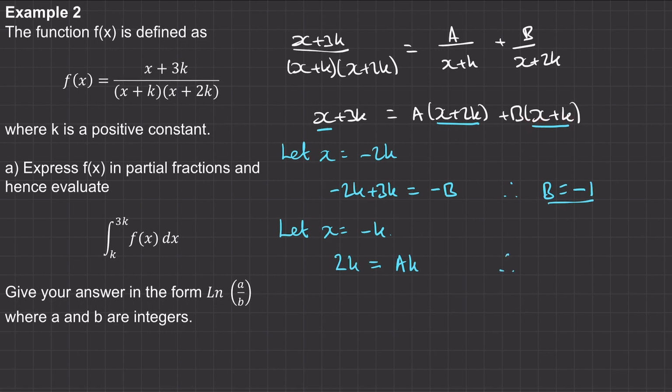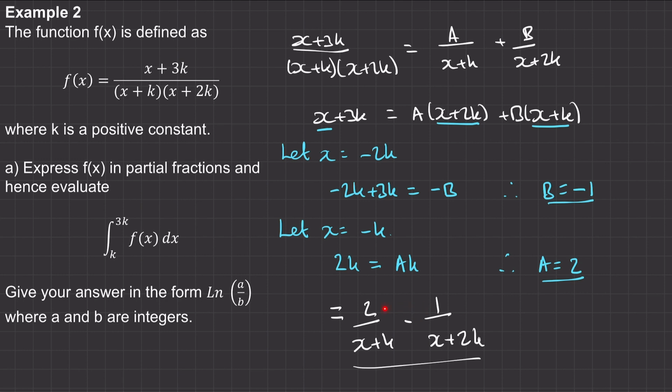So therefore, a will equal 2. So our partial fractions become 2 over x plus k minus 1 over x plus 2k. Okay? So this is this function in partial fraction form.